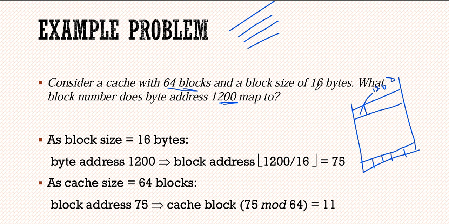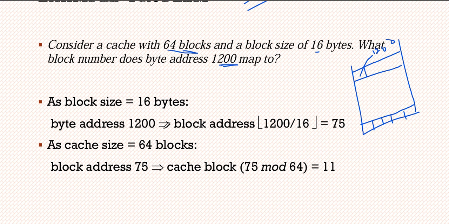But if you divide 1200 by 16 bytes, then even if it overflows, you know the point at which the 16 bytes may be in the cache, right? So you take the 1200 and divide by 16. That will give you 75.